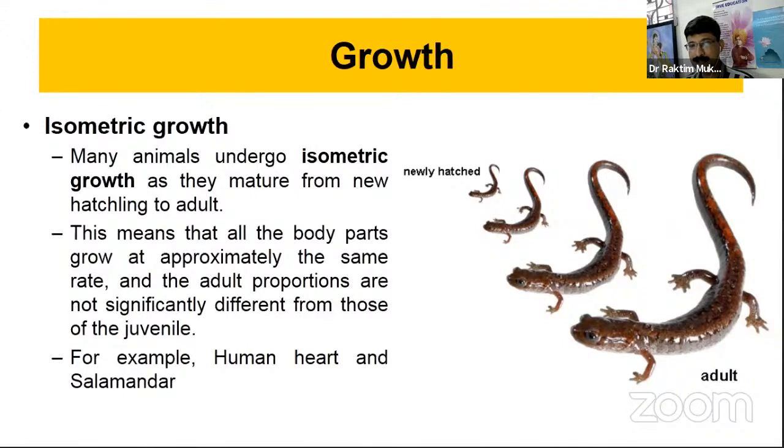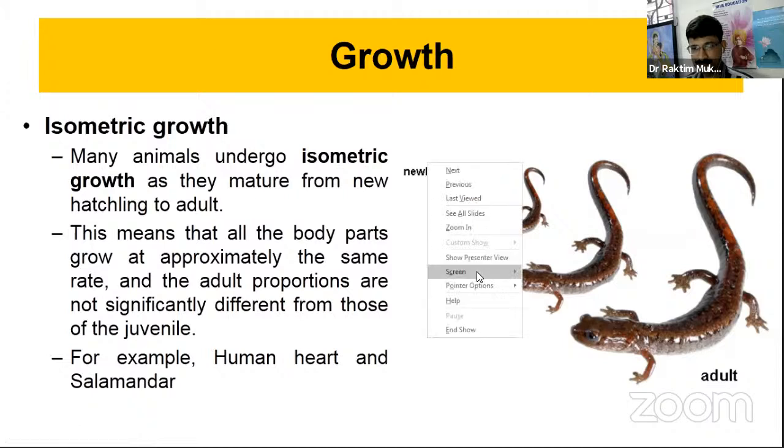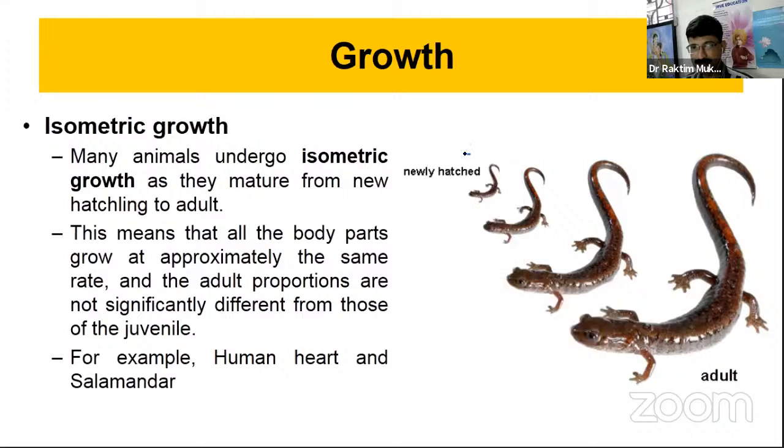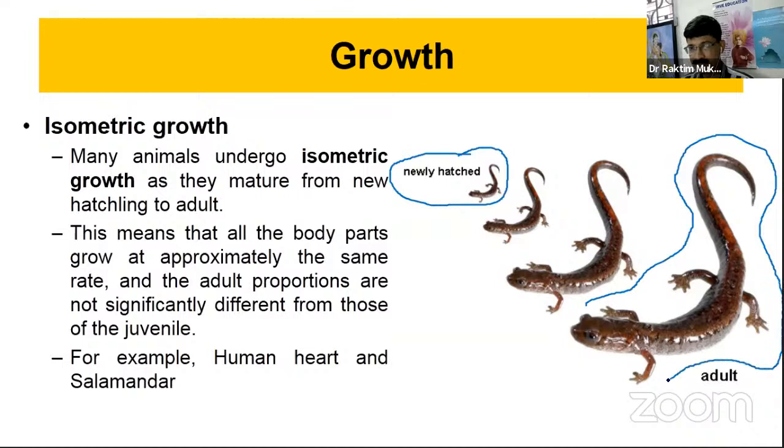Some of the common examples that I would like to give are the human heart and the salamander. Here I have represented the salamander. If you look at the newly hatched salamander and the salamander adult, you can see that there is a close resemblance.